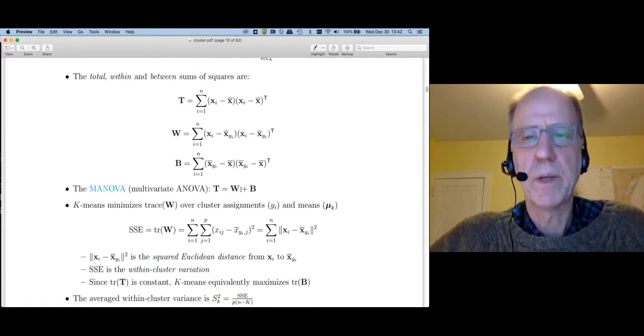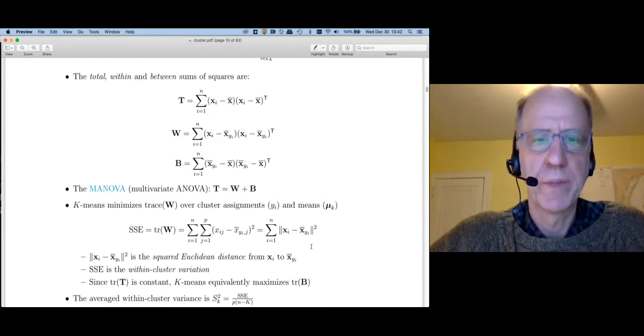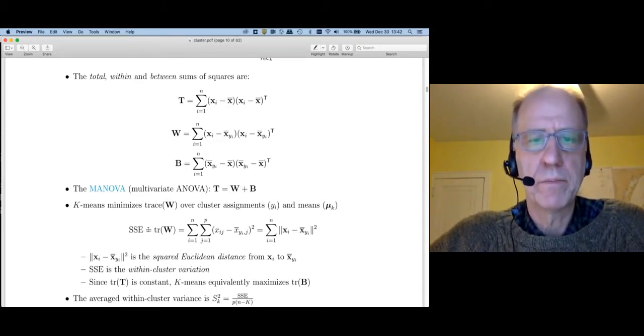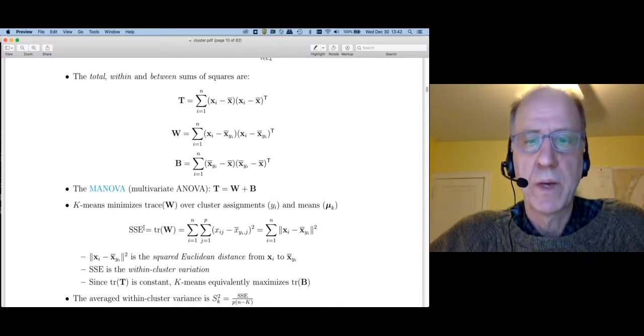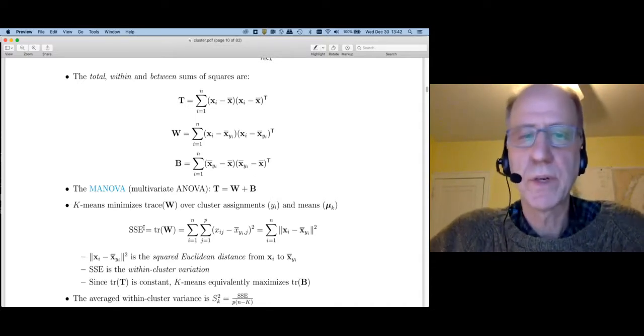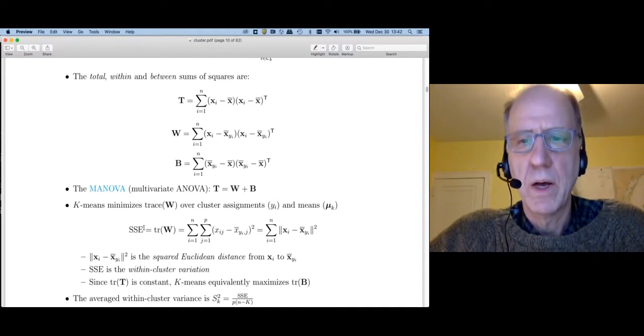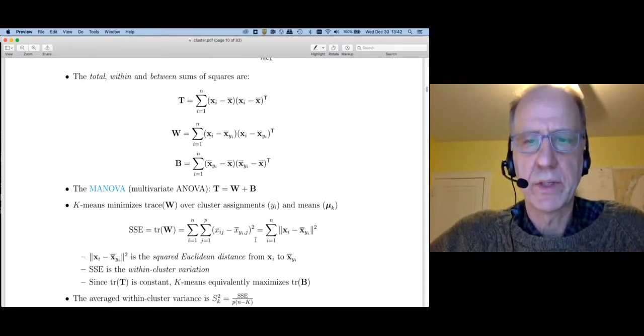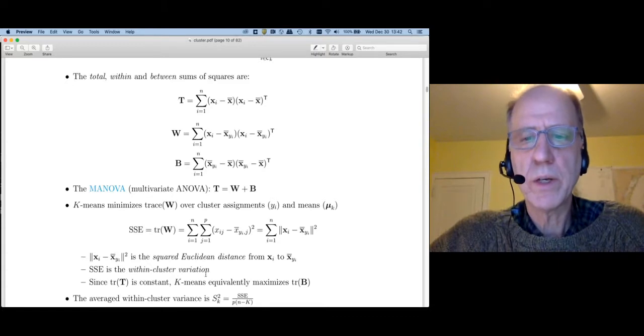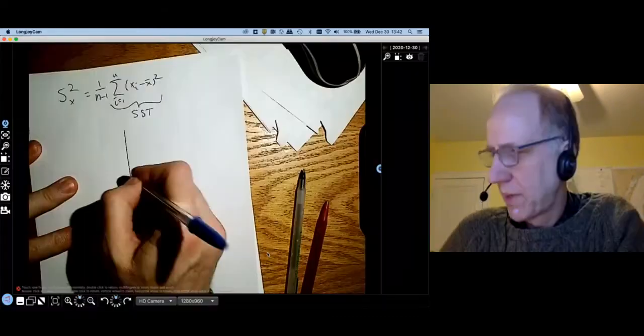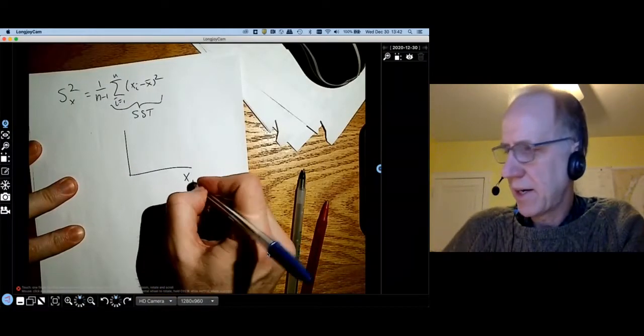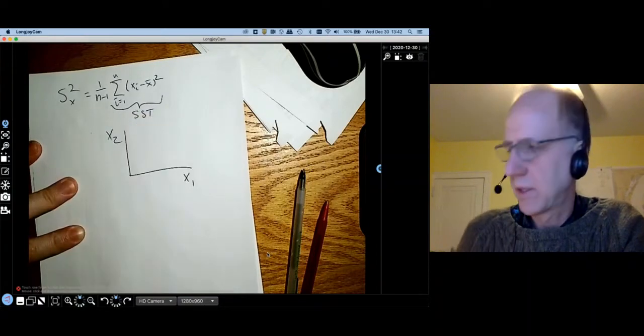I'd like to mention a couple other things about this objective function. I've been talking about SSE as variation, and if we divide that by the degrees of freedom, we get a variance. Another way to think about this is squared Euclidean distance. Let's say that I have my x1 and x2 axes.